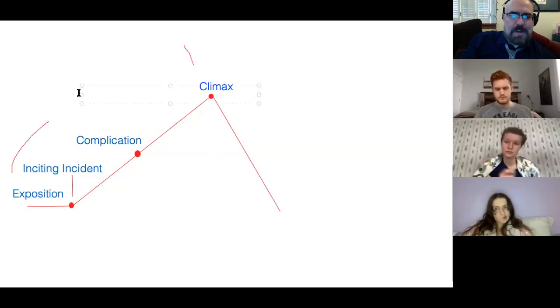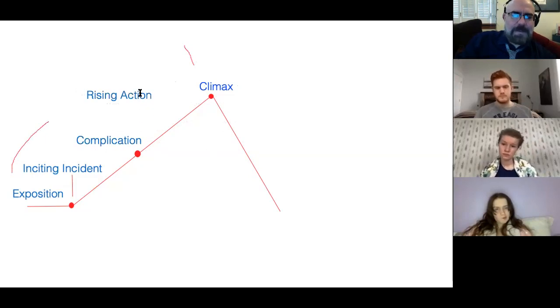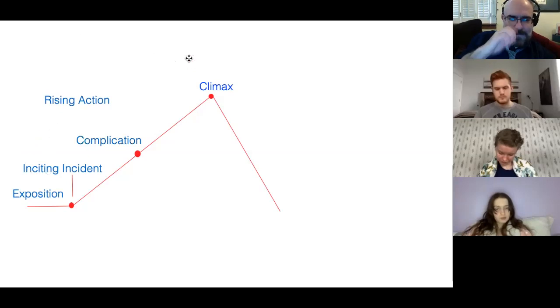Anybody know what that's all called? Rising action. So that's all of our rising action. This whole arc from here all the way up to there. That's our rising action. And of course, we have the counter on the other side, falling action. So right now we're talking about everything that's part of the rising action over here.